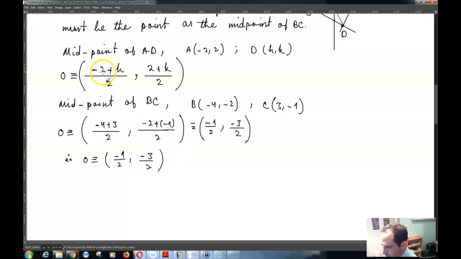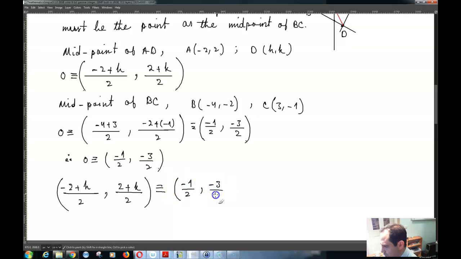And over here we said that the coordinates of the point O are basically these two. So negative 2 plus h divided by 2 comma 2 plus k divided by 2 is equal to negative 1 by 2 comma negative 3 by 2.